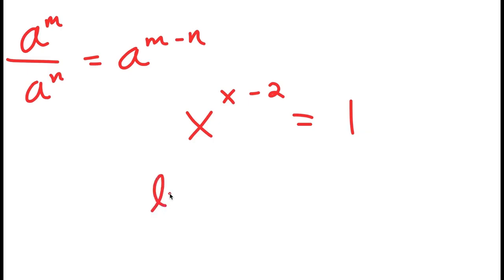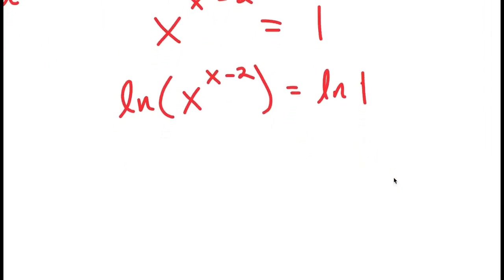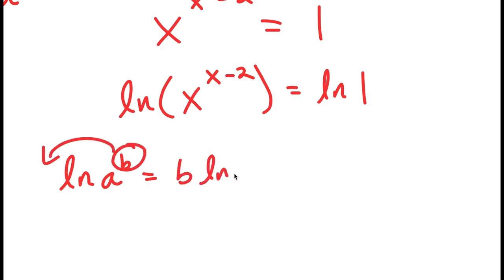Now, I'm going to take the ln, or natural log, on both sides. So I get ln of x to the power of x minus 2 is equal to ln 1. Now, if I have something in the form ln a to the power of b, I can move this exponent b to the front, so this turns to b times ln a. So in this case, I can move x minus 2 to the front.